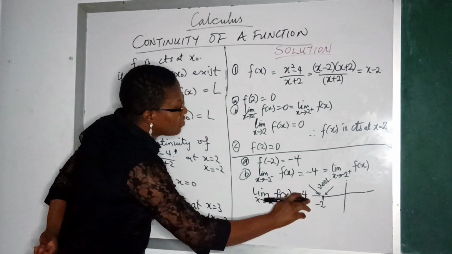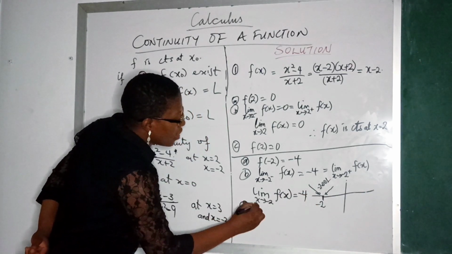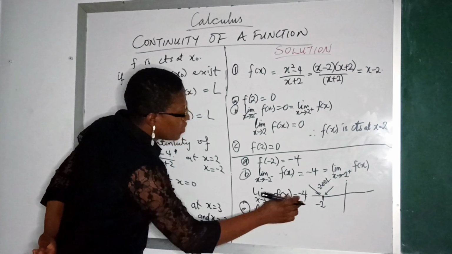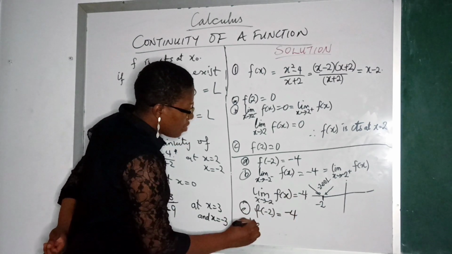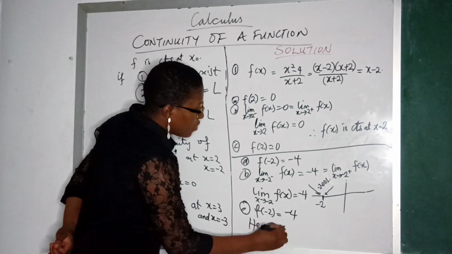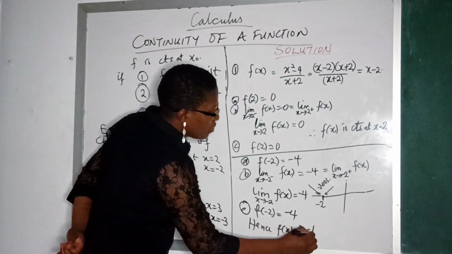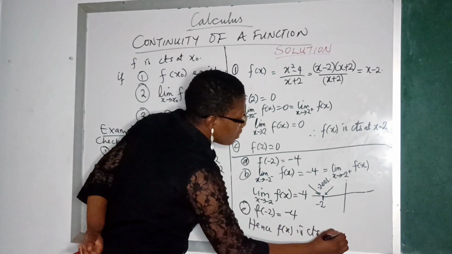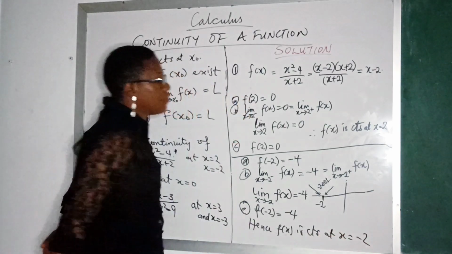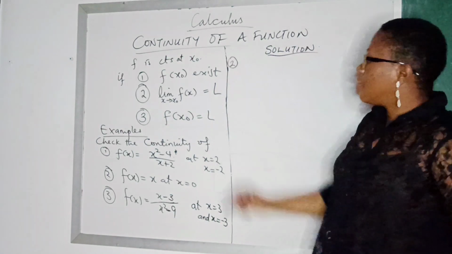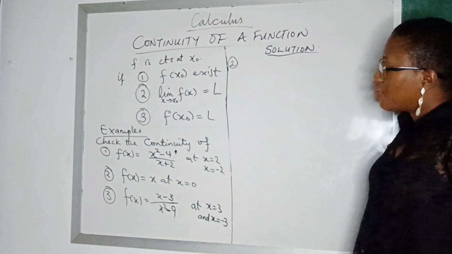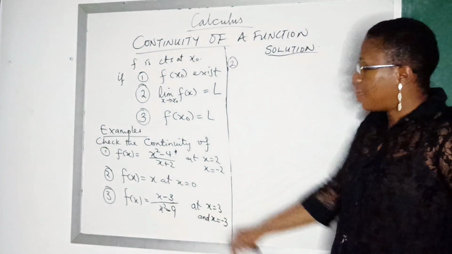And you can see that the conclusion is obvious. f of minus 2 is minus 4, so f of x is continuous at x equals minus 2.